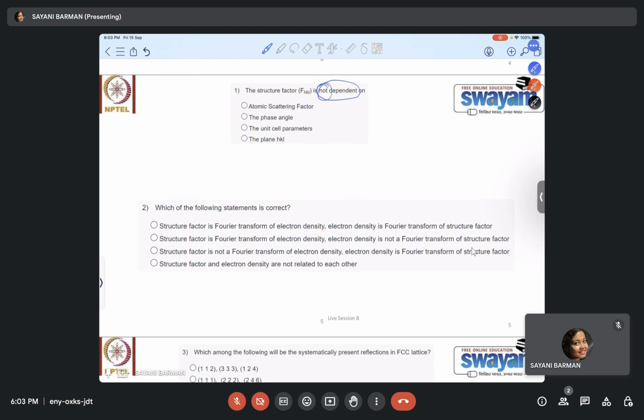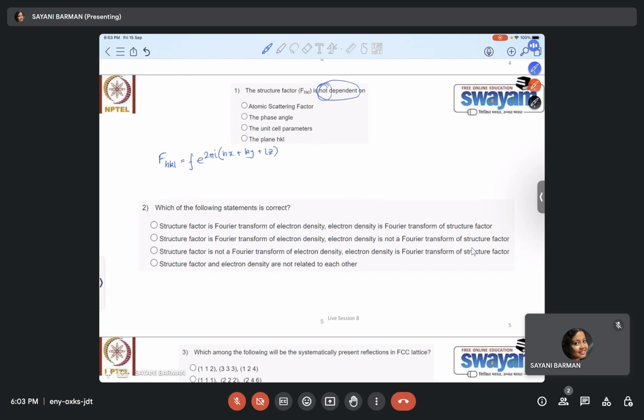Okay. So firstly, it will be easy if we write just the expression of the FHKL in general. So FHKL is equal to f e to the power 2 pi i (hx plus ky plus lz).